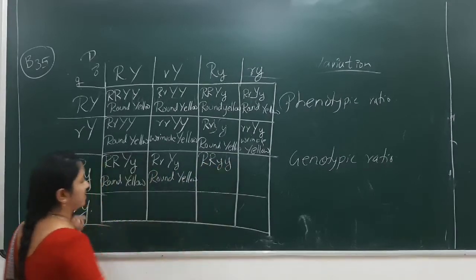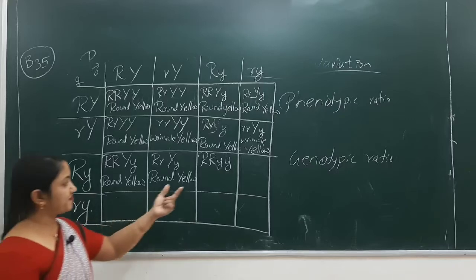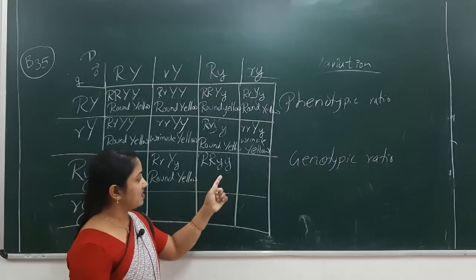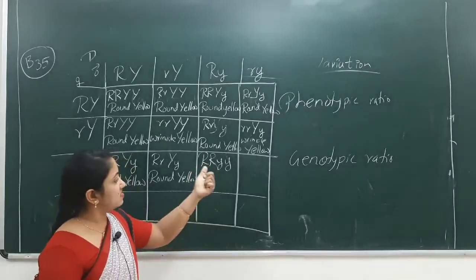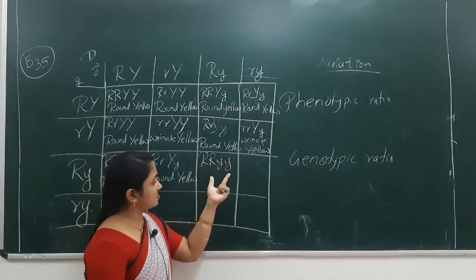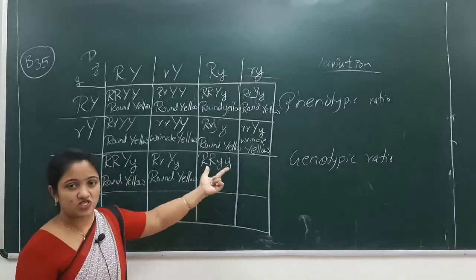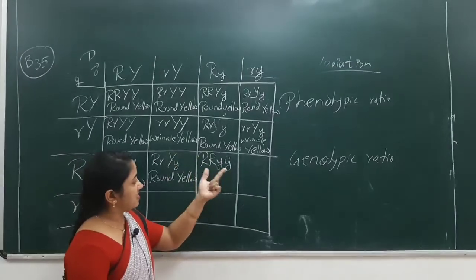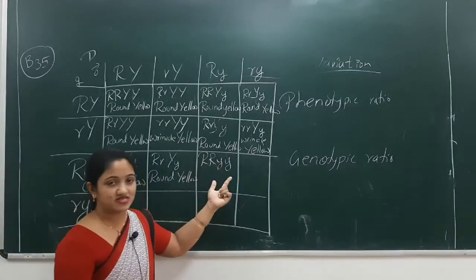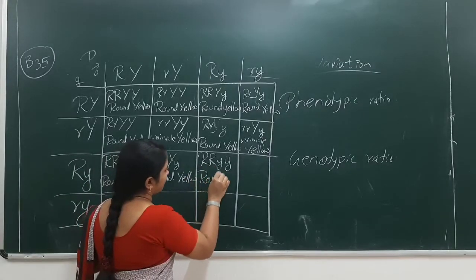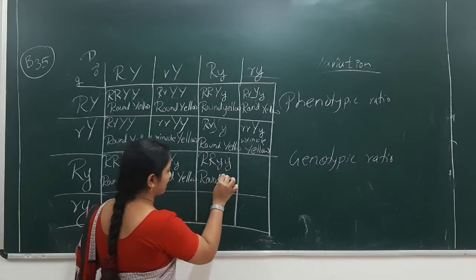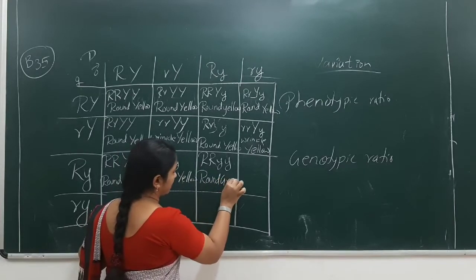small y. One of the offspring is having green color of the seed. It means in this offspring it is expressing the recessive trait. It means the shape of the seed will be round and the color of the seed will be green.